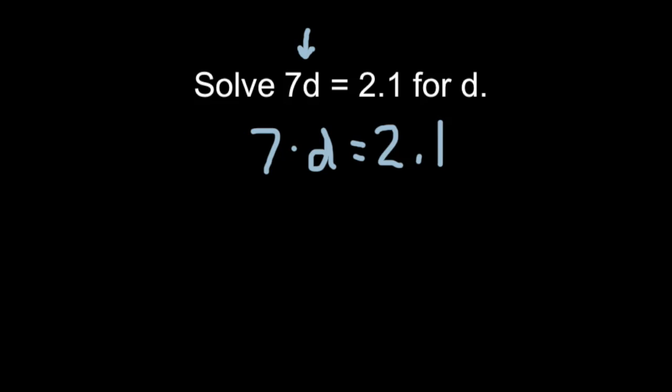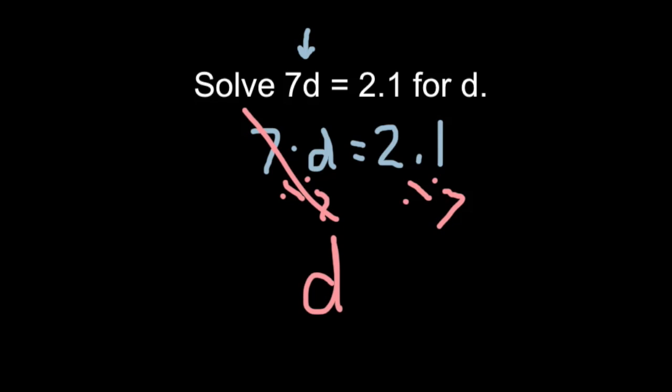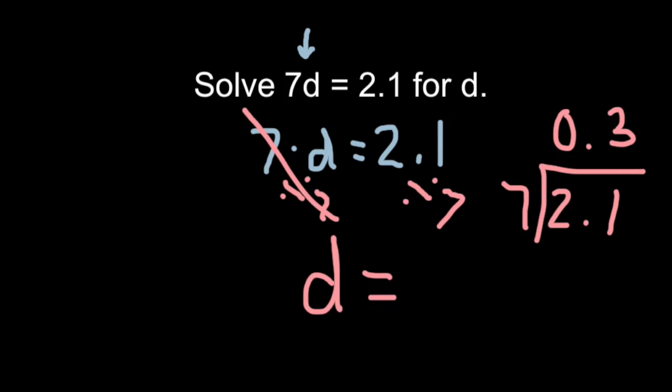The opposite of that is to divide both sides by 7. 7 divided by 7 is 1d, equaling 7 goes into 2 and 1/10 0.3, or 3/10. 7 times 3/10 is 2 and 1/10, so this answer is correct.